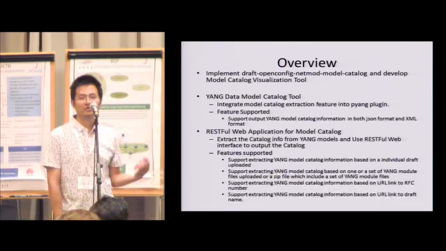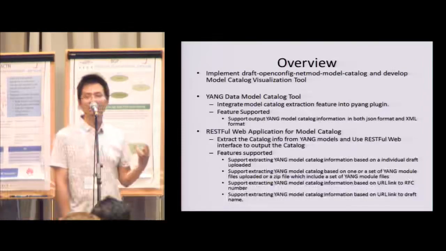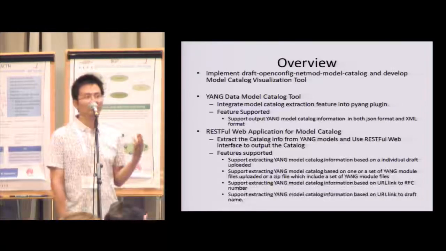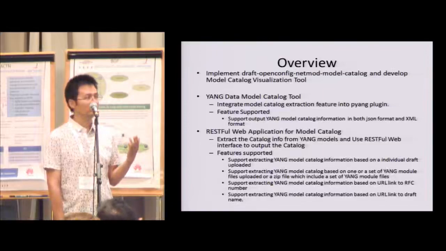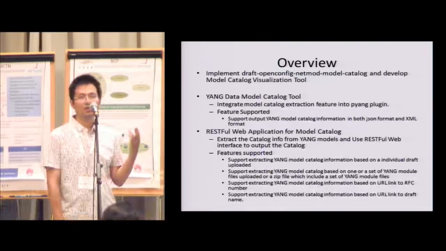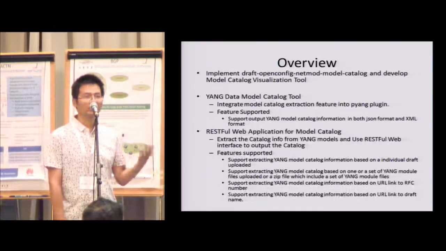We wrote this code, but we think there are a lot of bugs because we tried to come up with our own algorithm to identify some key elements. We think it is more useful to reuse the existing pyang plugin. So we integrated this model catalog into the pyang plugin, and we can run the pyang tools and get the model catalog information automatically.